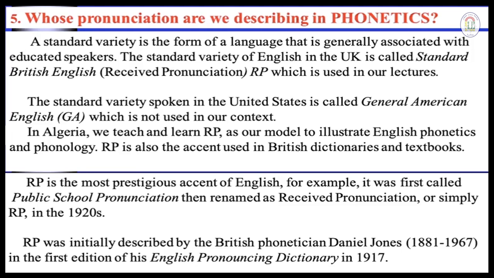RP was initially described by the British phonetician Daniel Jones in the first edition of his English Pronouncing Dictionary in 1917. In England, they often associate RP with Southern British English speakers. RP usually is associated with the monarchy and the royal people.